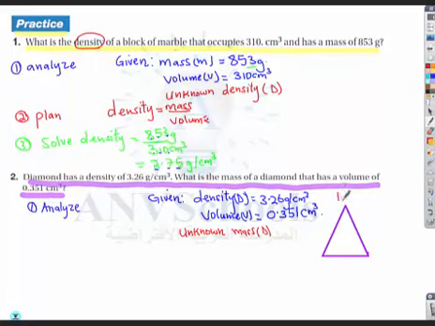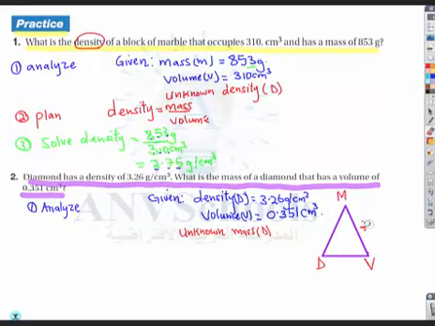So we know that to find density, we take mass divided by volume.